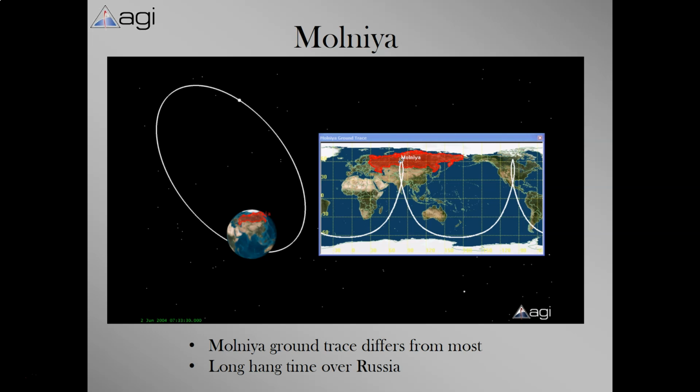That means it hangs over Russia and the northern hemisphere for a fairly long period of time. This is also seen in other types of orbits that position themselves in such a way. This one is specific, though, because this is what Russia created so that they can have this really long hang time. And notice the two different peaks in that ground trace and where those satellites are.